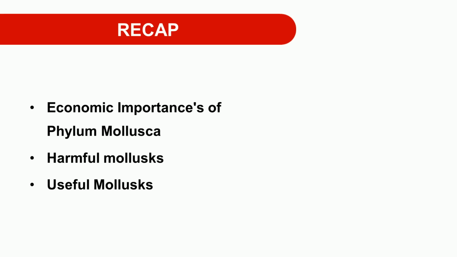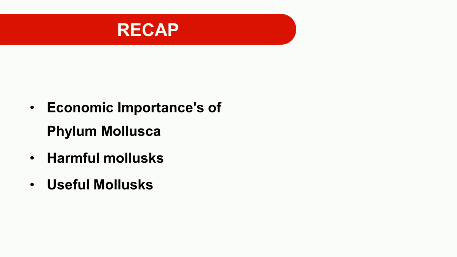Mollusks are used as intermediate webs, as food resources in the ecological web. Then, for example, the pearl oyster is utilized in the pearl industry. These are the many different uses of mollusks.